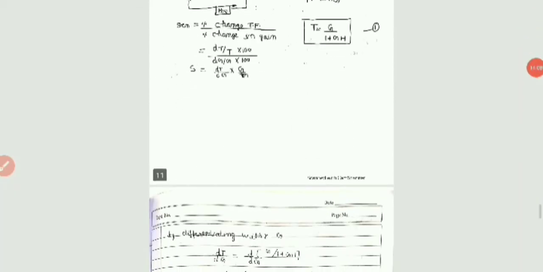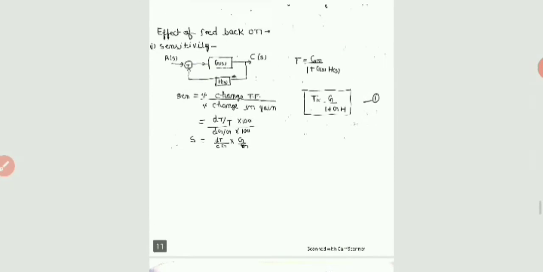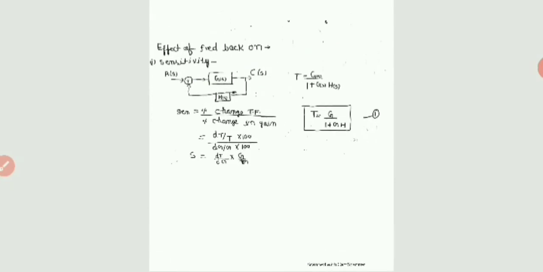Now, the effect of feedback. First is sensitivity. We know that sensitivity is the percentage change in transfer function upon percentage change in gain.